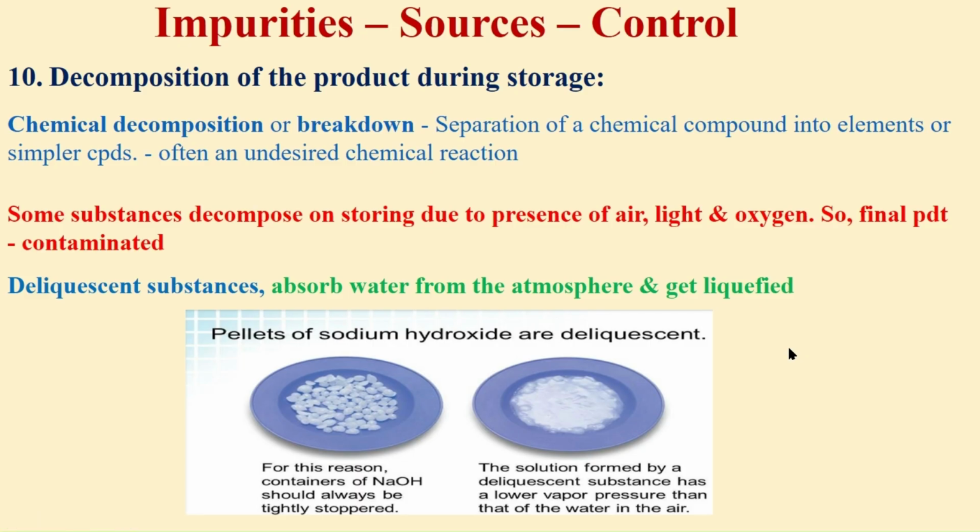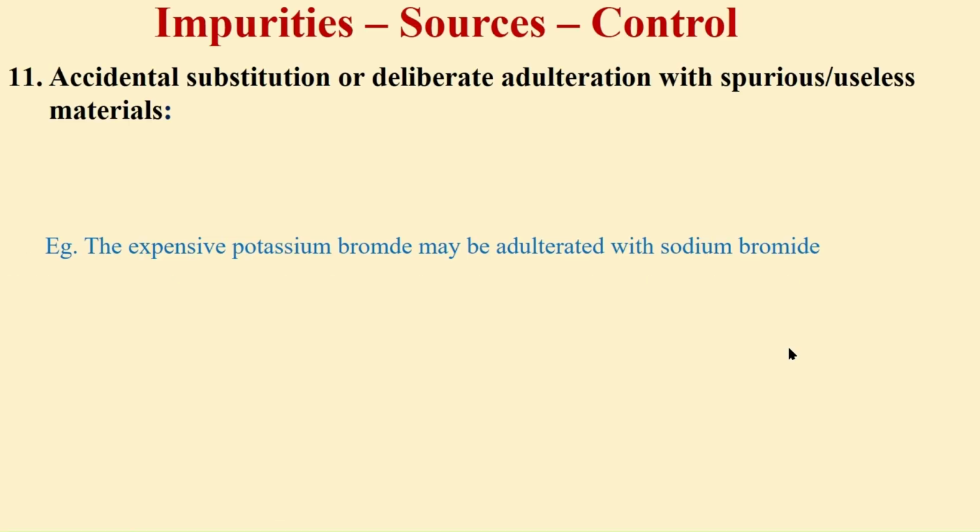These are all the natural types of conditions which become sources of impurities. Another is that accidental substitution can occur, or deliberate adulteration can be made with spurious and useless materials.